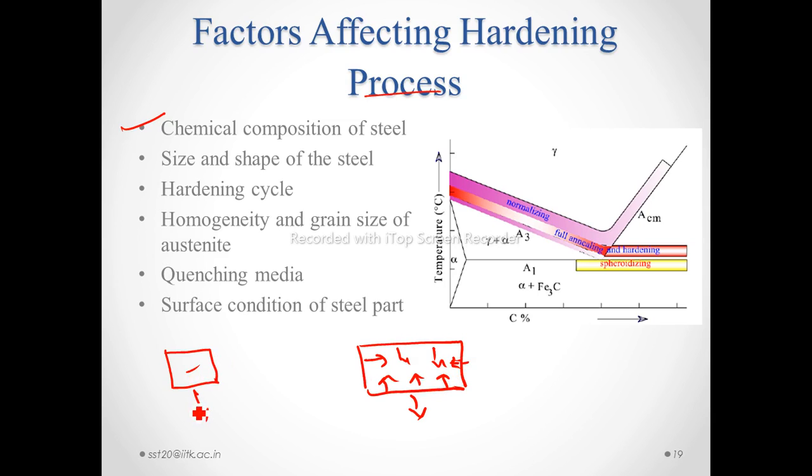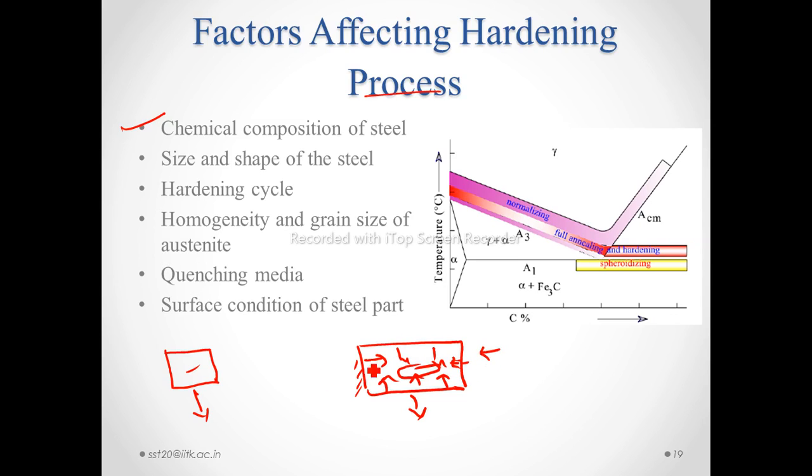If it is a bigger sample, there is a temperature gradient between the surface and the center. This will create internal stresses, right? So the outer periphery will be transformed into martensitic structure, whereas we get very soft ferritic structures at the center. This will result in internal stresses and adversely affect the sample.